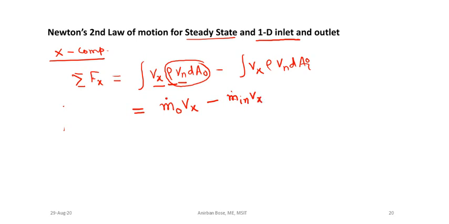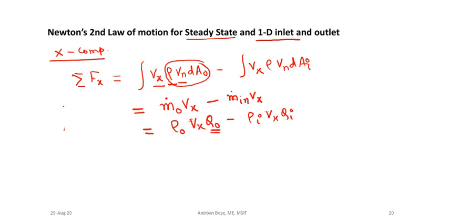Okay, so you can write this expression in this form, or you can also write this in this form, that is rho O Q out Vx, minus rho I into Vx into Qi, where Q is the volume flow rate.